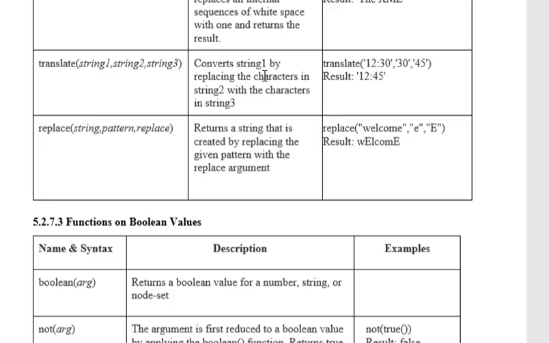If you see the 1230 here, 30 is found in this place and the replacement is 45, so the answer is 1245. So it converts string 1 by replacing the characters in string 2 with the characters in string 3. And replace is also very interesting, but a little different from translate.